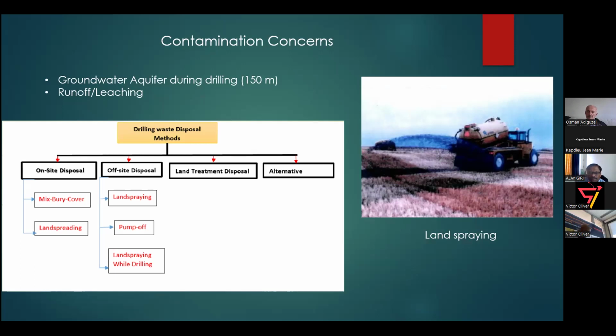So if we look at the disposal methods here, we have MBC, which typically is the old-fashioned way. We use very little of it, and I think that wouldn't be a problem in terms of potential for contamination, but that's something we'll have to keep in mind.